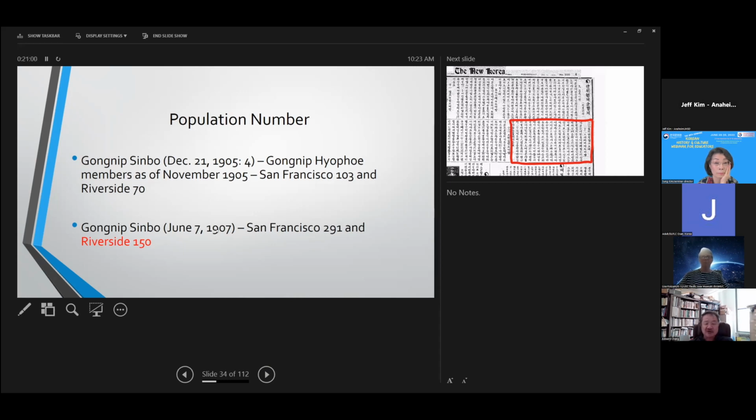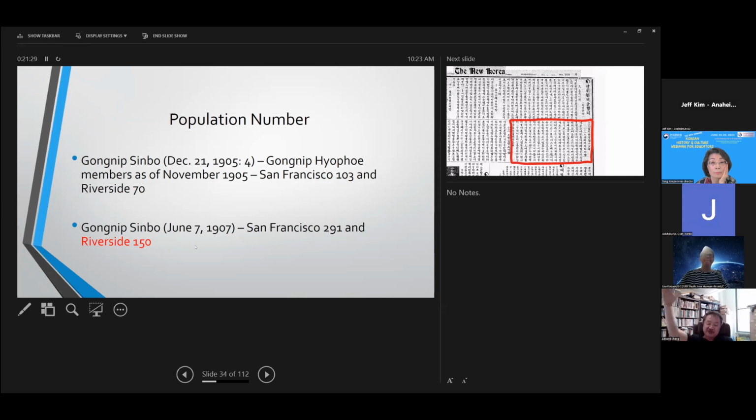Two years later, the San Francisco Korean community increased to 291, and Riverside more than doubled, to 150. But if you include women and children, it could be well over 200. And during the orange picking season, December to February, they also recruited more than 100 temporary workers.